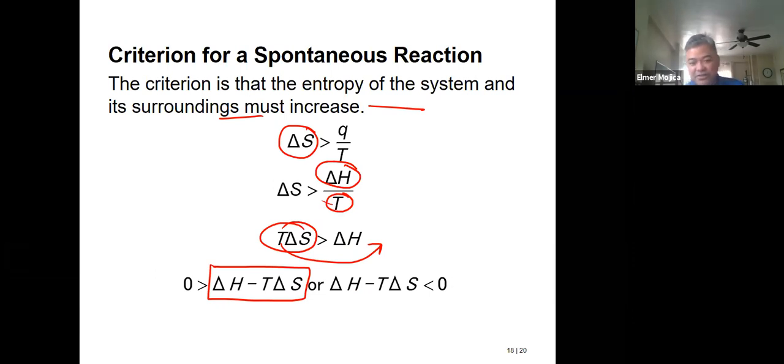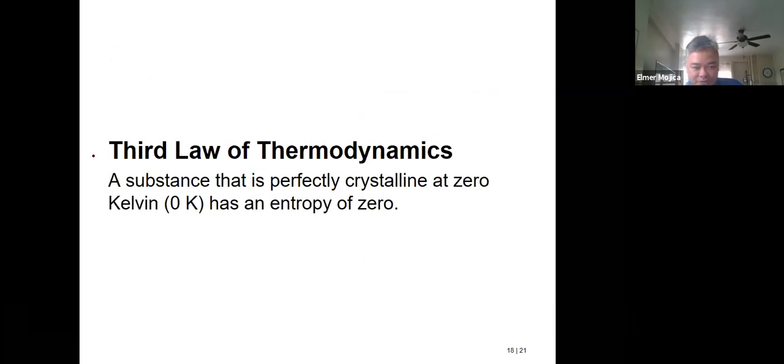And later on, you will see that another quantity comes out here that refers to whether a given reaction is spontaneous or not. We will go into that as we move on, because right now we already have the second law of thermodynamics that I want to introduce to you.